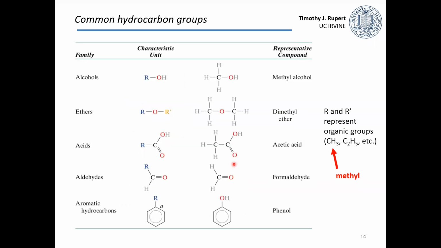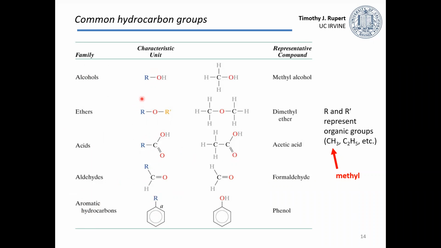In terms of common hydrocarbon groups, we can start to describe common trends we see. What this table right here is showing is different families and their characteristic unit. So things we've probably heard, things like alcohols, ethers, acids, aromatic hydrocarbons can be built up. And generally, as we go down, we're having more and more complexity.